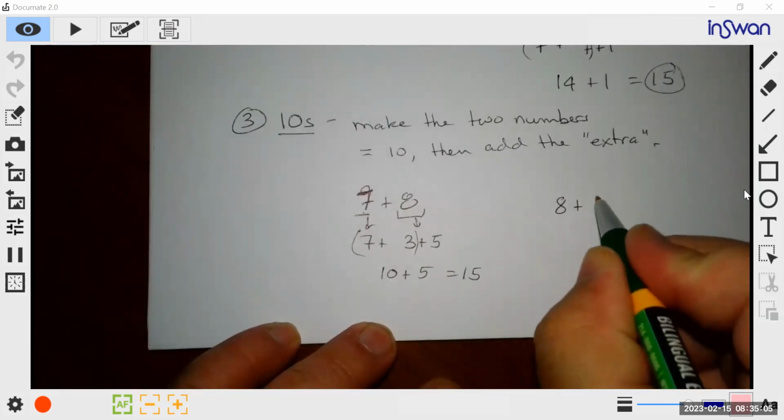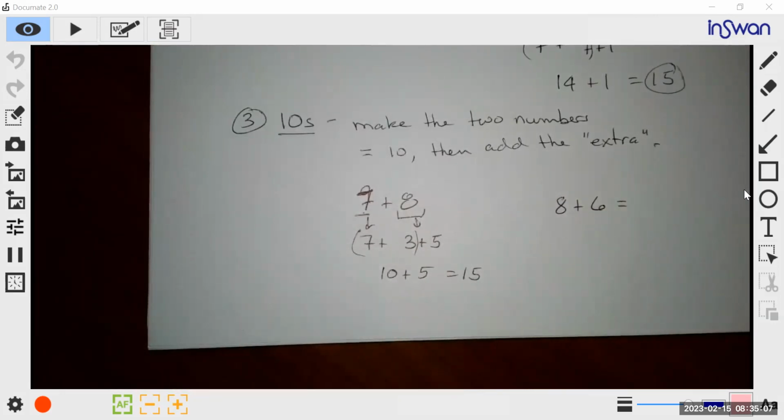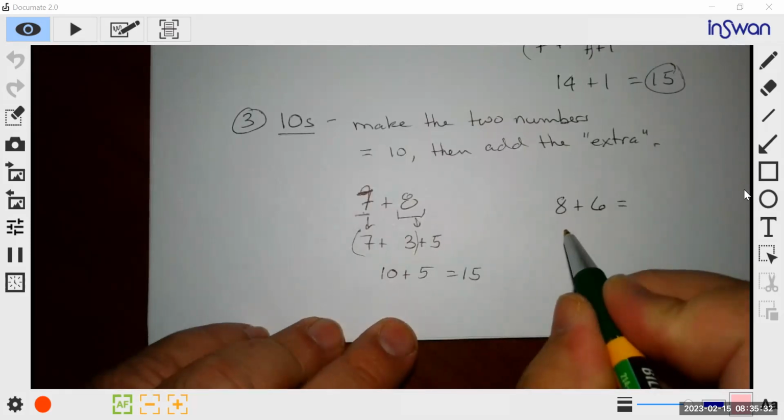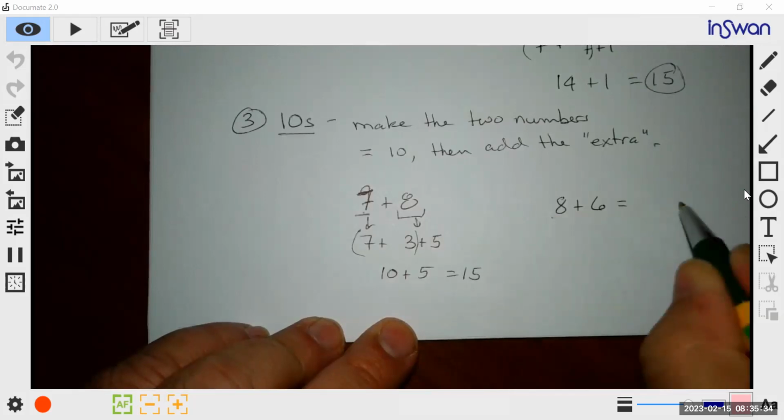But 8 plus 6. Well, let's do it both ways.